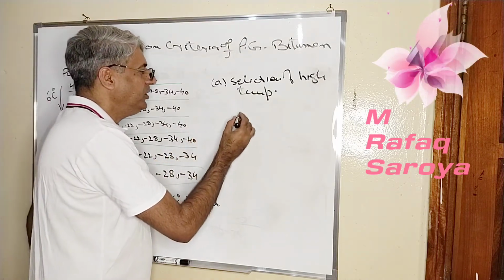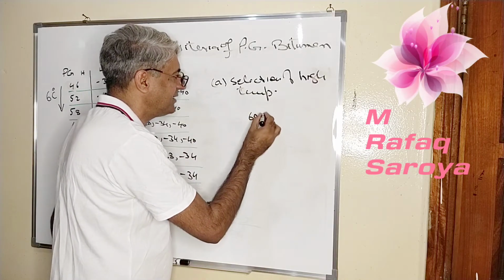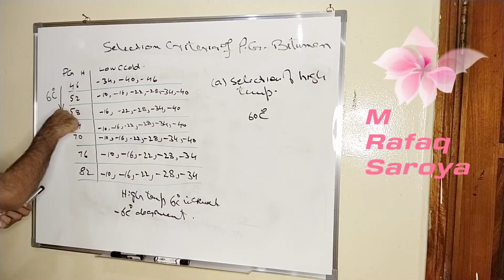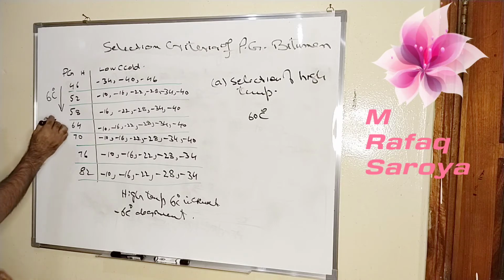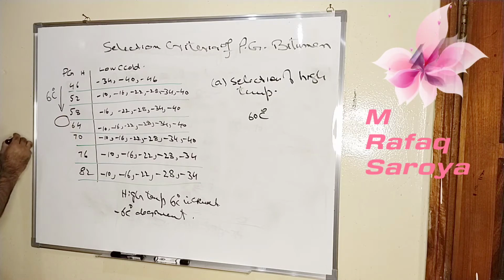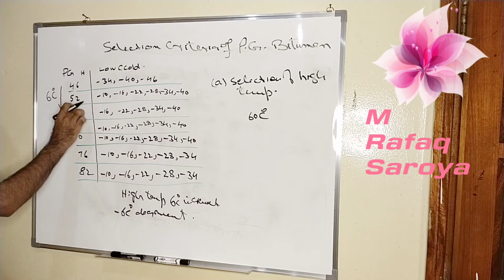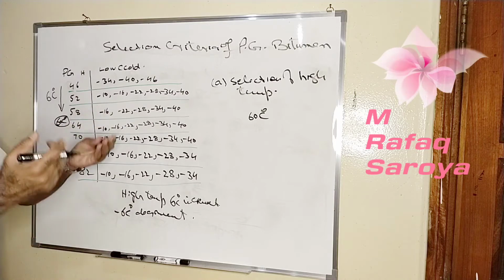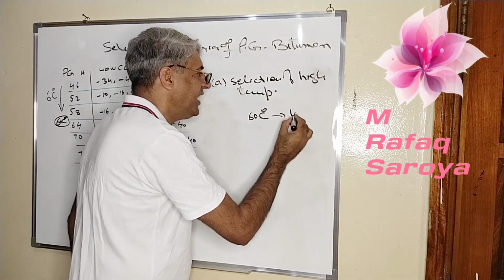Let us suppose you have observed the temperature in a certain area is 60 Celsius. But in my table, 60 Celsius is not available. It is not 52, it is not 64. It is somewhere in between. So which temperature will be selected? It means go to the next higher.